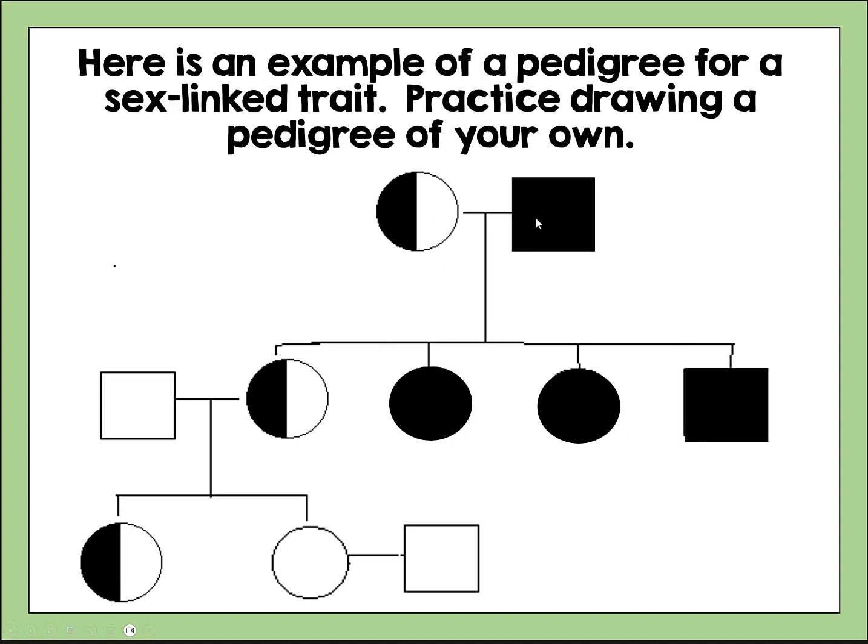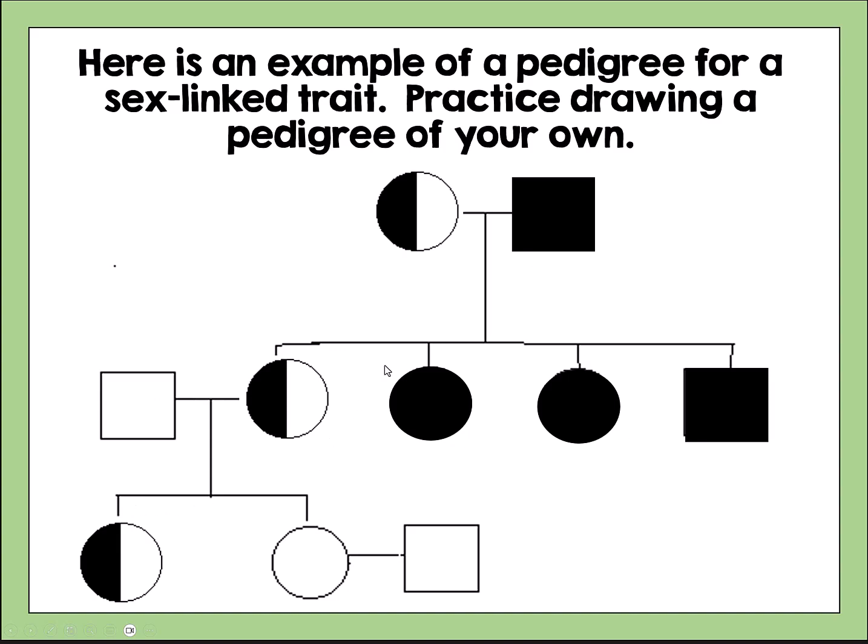So these two individuals, a carrier female and an affected male for whatever trait we're talking about in this hypothetical pedigree, had four offspring. One is a carrier female, one is an affected female, this one is also an affected female, and then an affected male. And this carrier female married or reproduced with an unaffected male. And then we can see the results of their offspring as well.